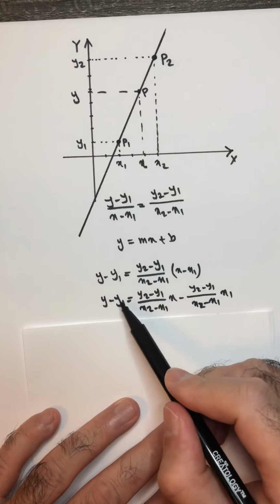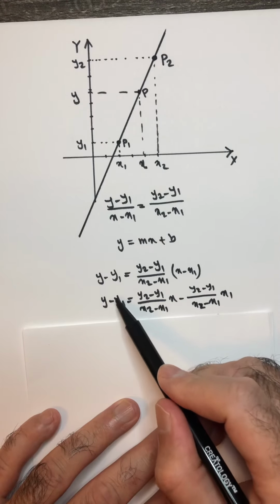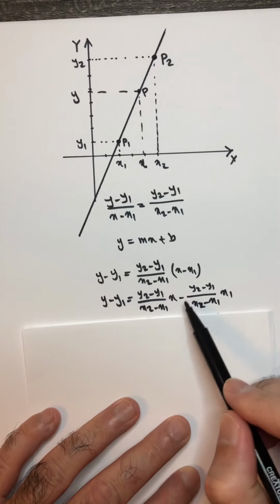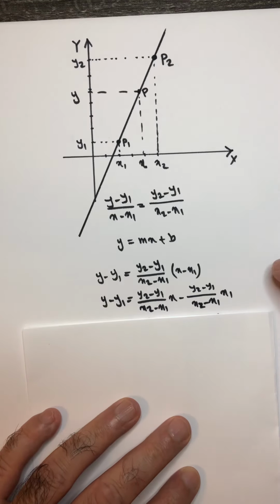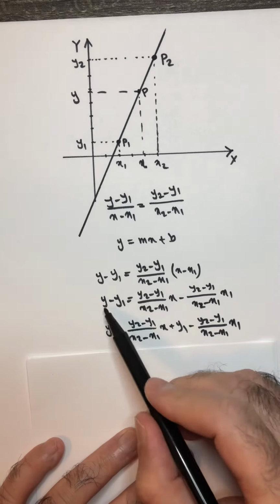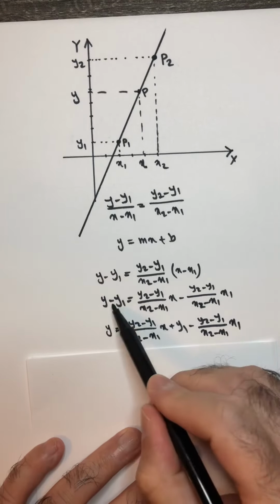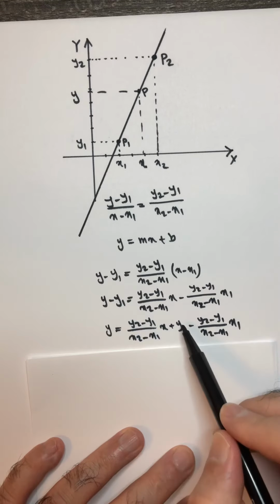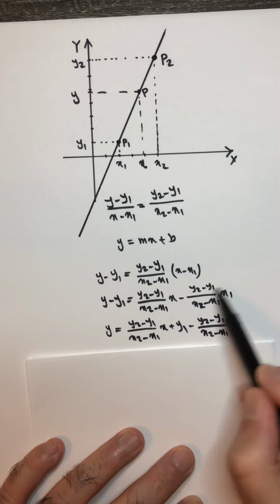Then in the next step, we bring the minus y1 into the right-hand side, and it changes the sign when we move it, so it becomes plus y1, and we have this term as well.